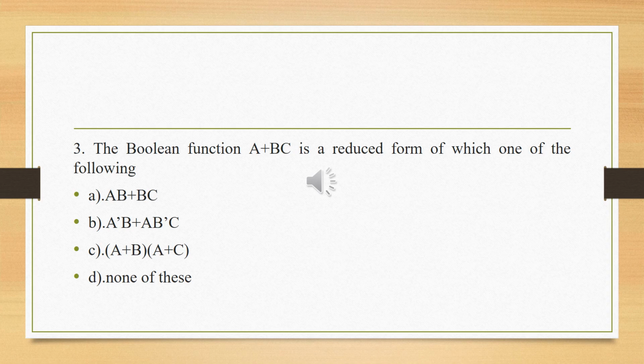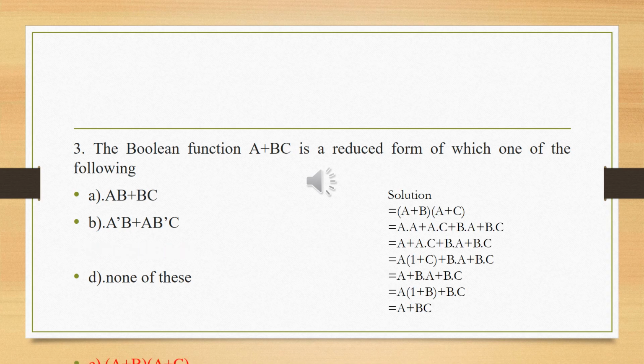Next question, the Boolean function a plus bc is the reduced form of which one of the following? So the solution for this question is a plus b into a plus c, and solving those we will get a into a plus a into c plus b into a plus b into c. In the first two terms a is common, so taking a outside, this becomes 1 plus c, and 1 plus c is equal to 1, so this term is reduced to a.